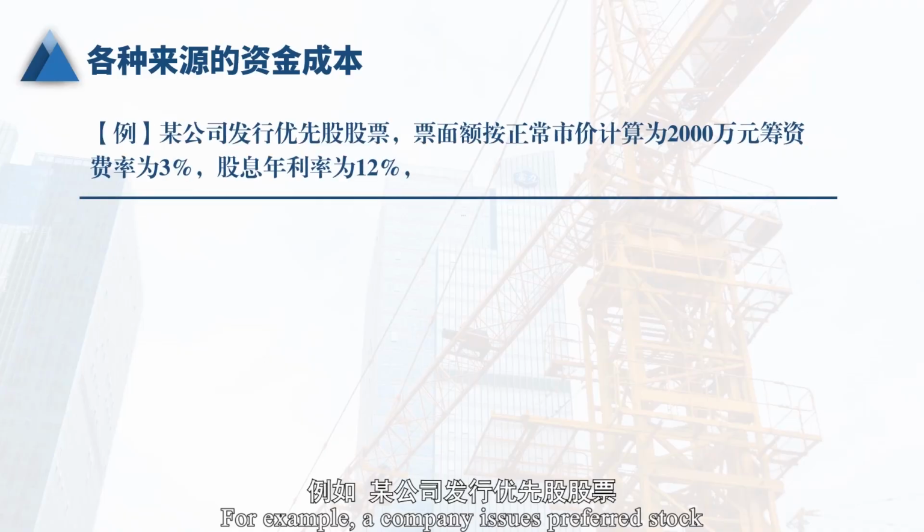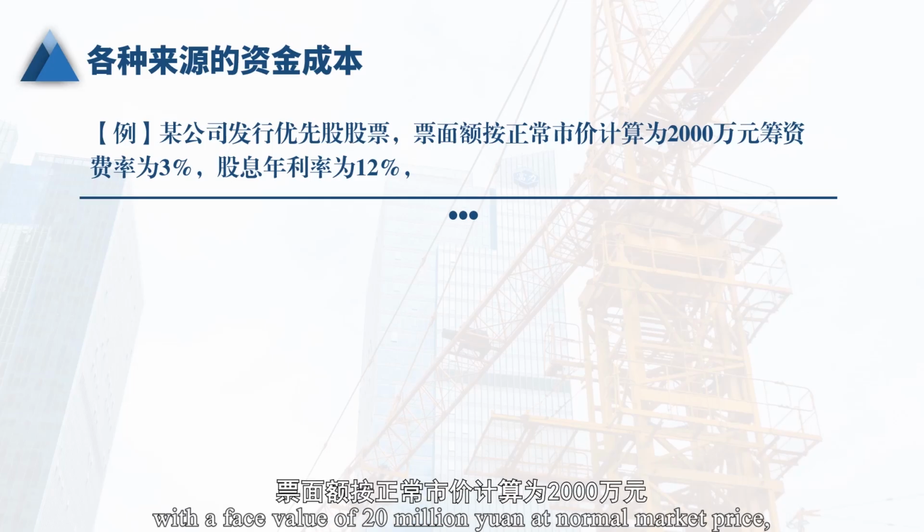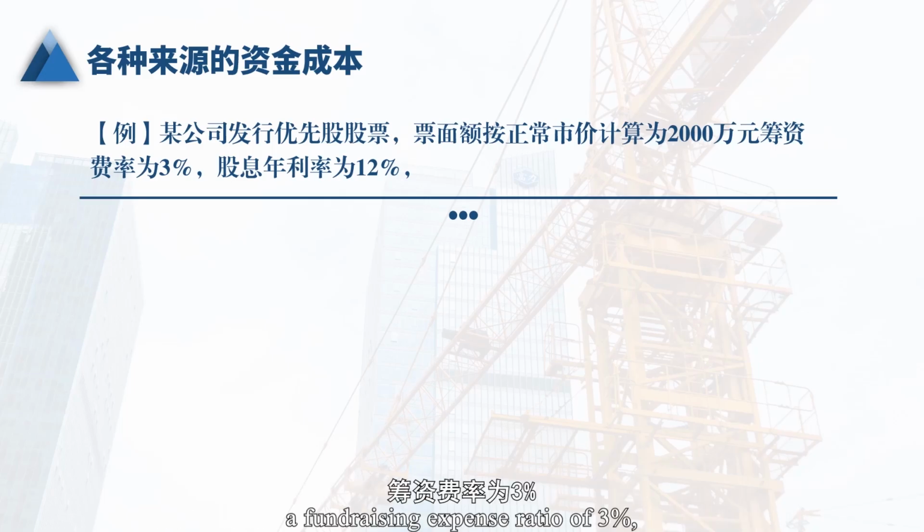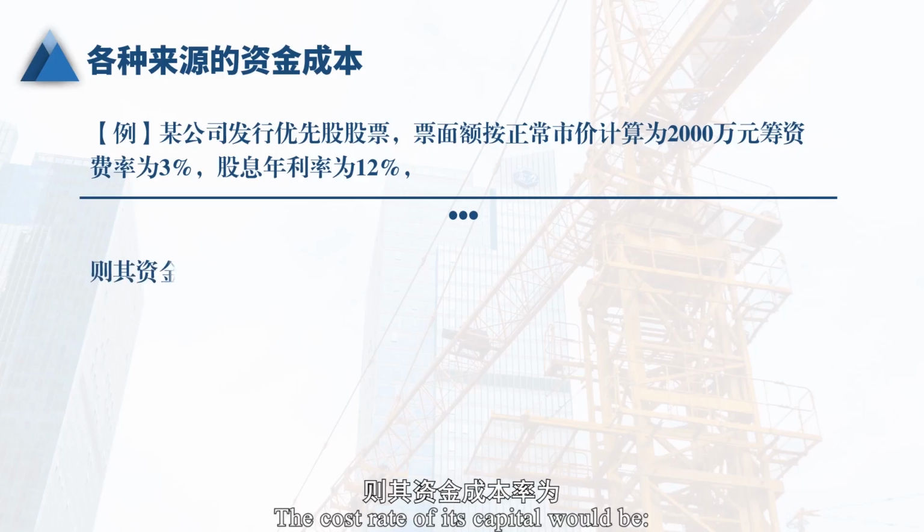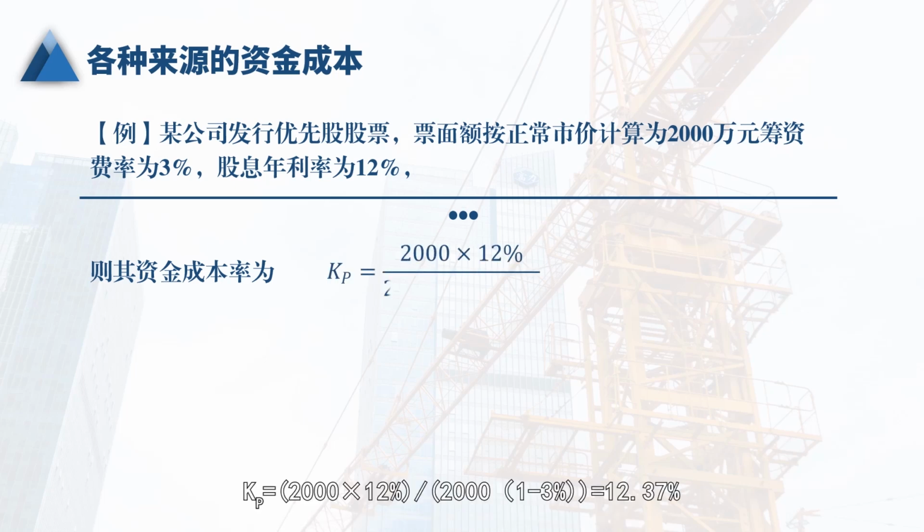For example, a company issues preferred stock with a face value of 20 million yuan at normal market price, a fundraising expense ratio of 3%, and an annual dividend rate of 12%. The cost rate of its capital would be K_P equals 2000 multiplied by 12% over 2000 multiplied by (1 minus 3%) equals 12.37%.